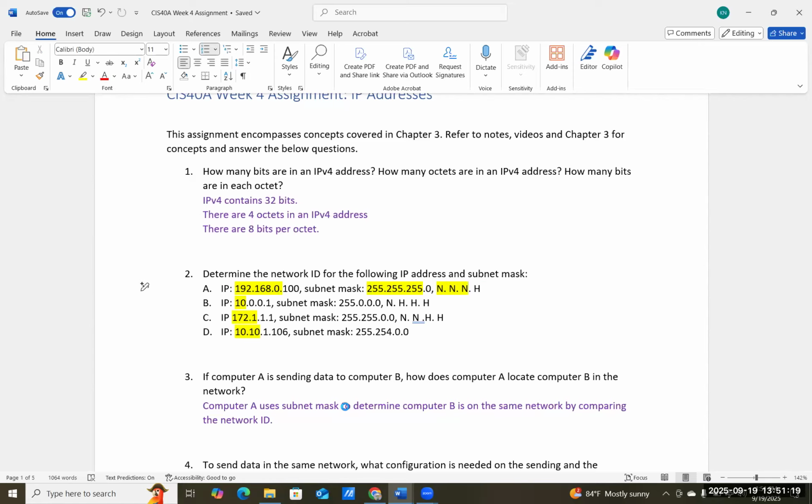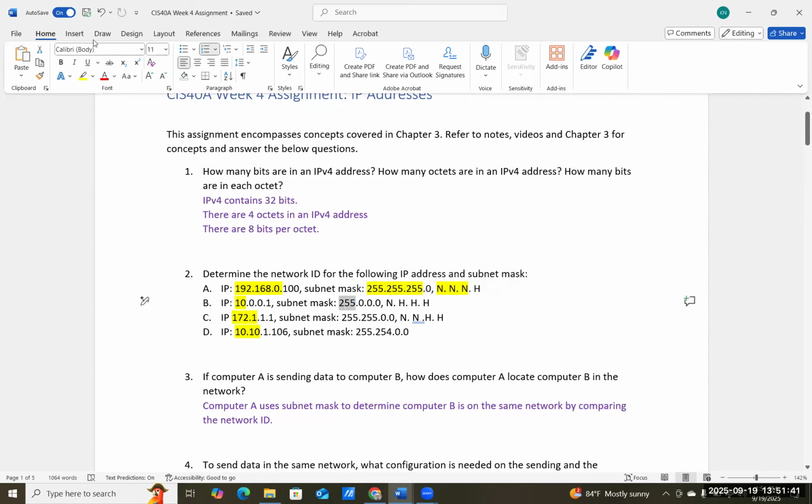Okay. Now, the second IP address is a 10. And when it's a lower number like this, from 1 through 127, that's a class A. So you have a class A IP address, and in a class A IP address, only the first octet of the subnet mask is on. Okay. And then class B is the next one, right?